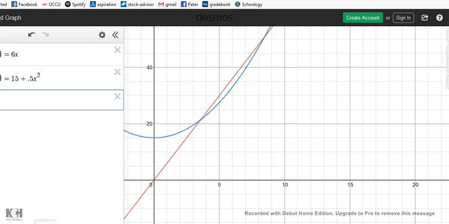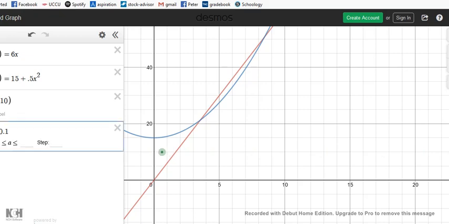let this be the point 6x. Now let's just make this 6a comma 10, just to make a point for a second. I want a to go from 0 to 10.